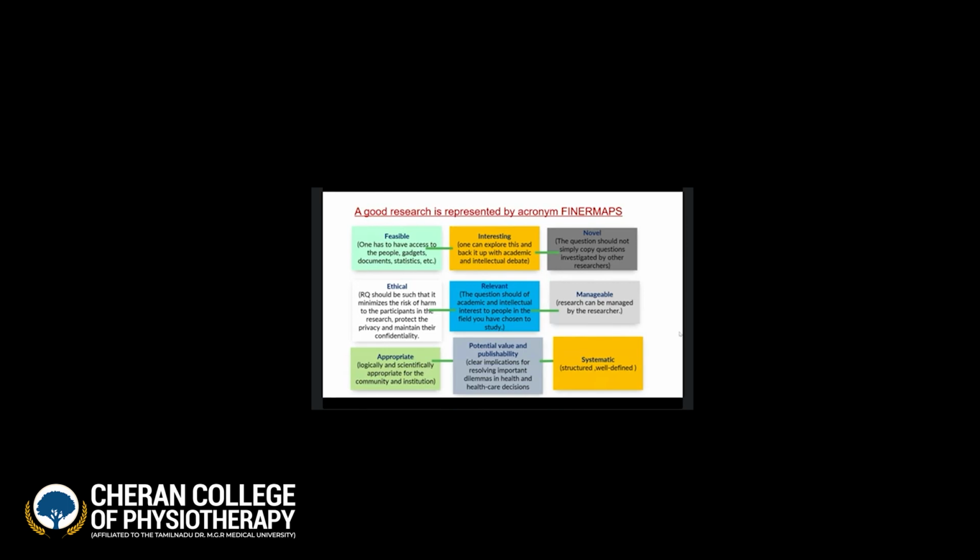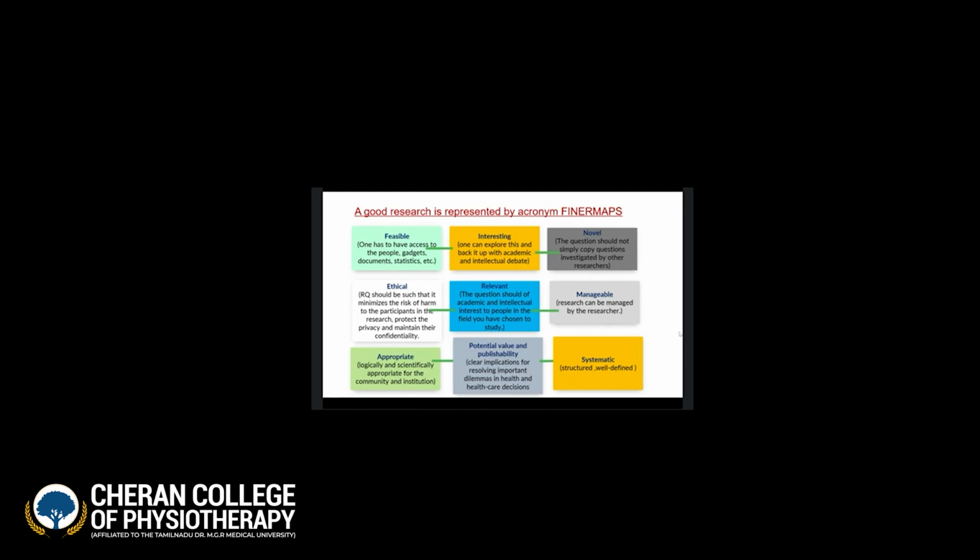And appropriate. Appropriate means we should have logically and scientifically appropriate content, suited to the community and the institution from where we are collecting the data. It is very sad to say that in many studies in India, falsification of data is happening. We don't have the data, but we falsify it and just submit the thesis.